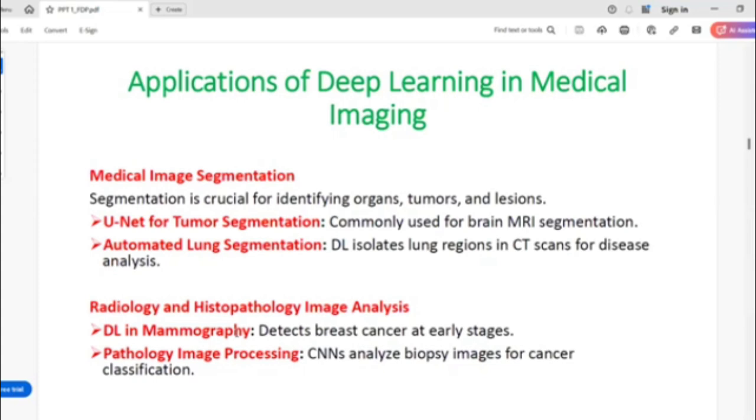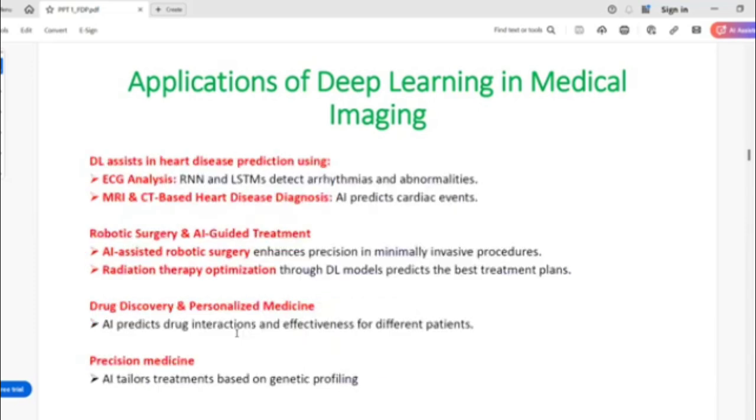Moving further, in radiology and histology, we have mammogram images, especially for cancers, and biopsy images. How is it going to assist in heart diseases?